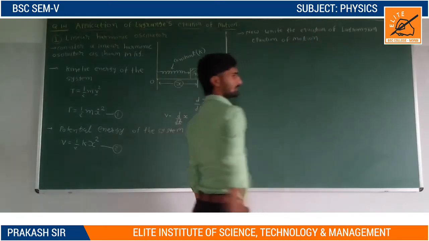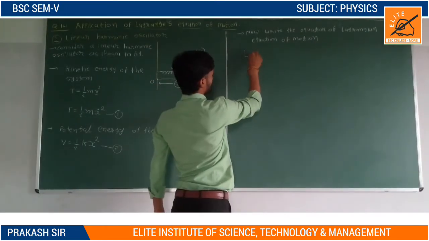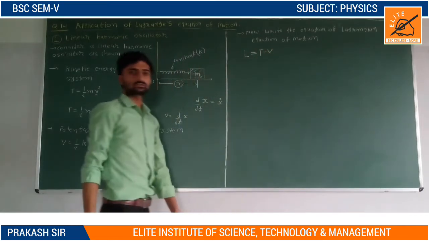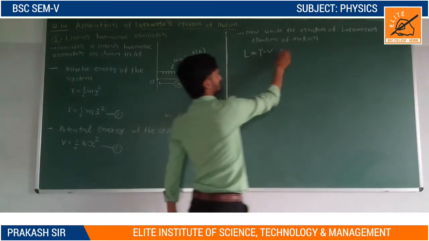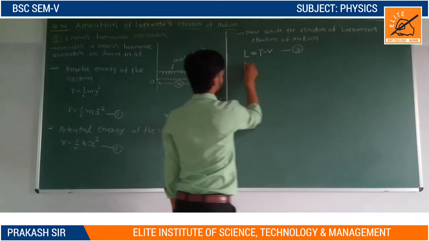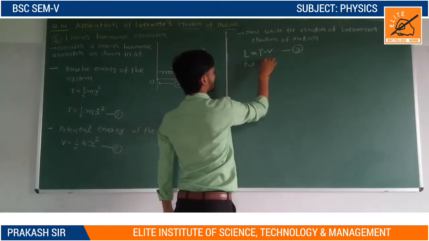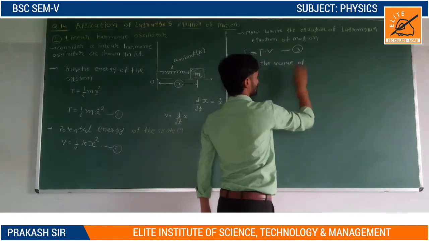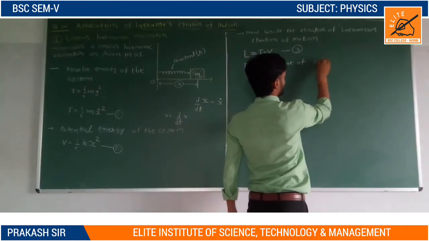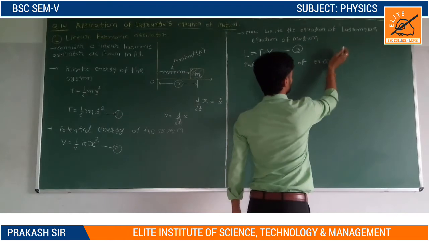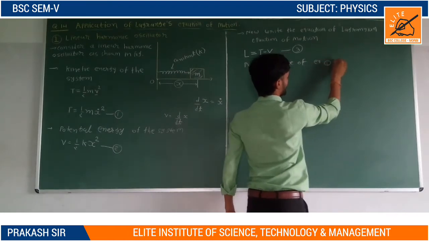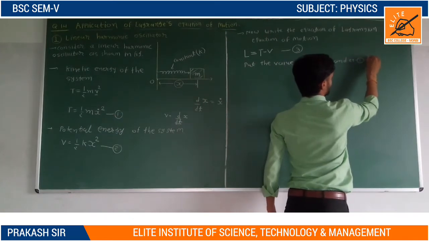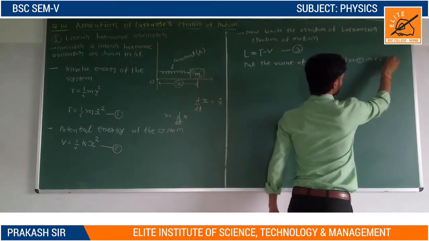So Lagrangian equation of motion is L is equal to kinetic energy minus potential energy, equation number 3. So put the value of equation 1 and equation 2 in equation number 3.